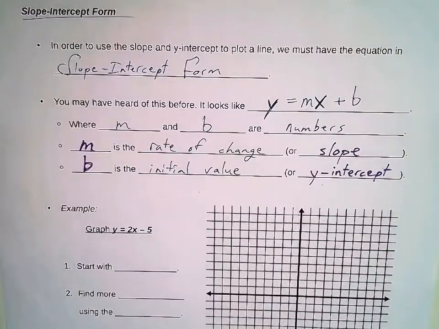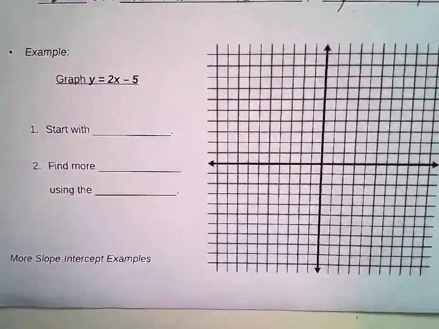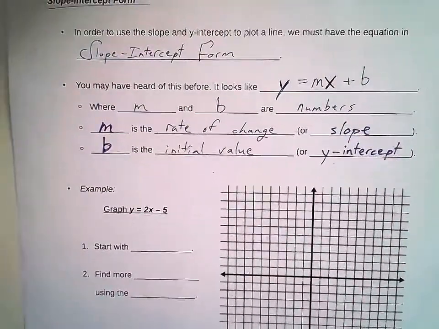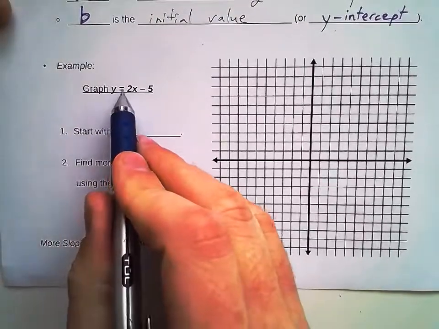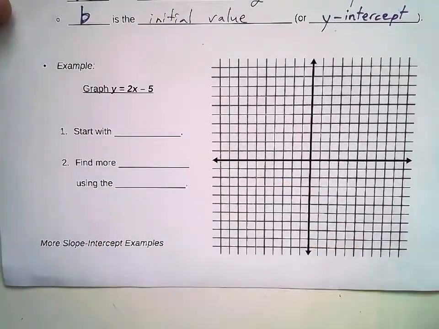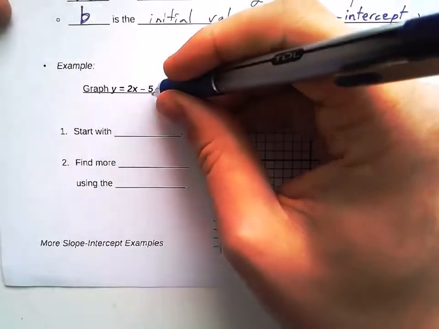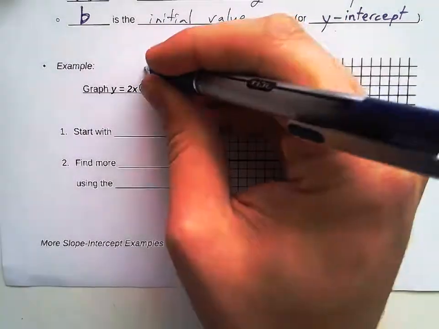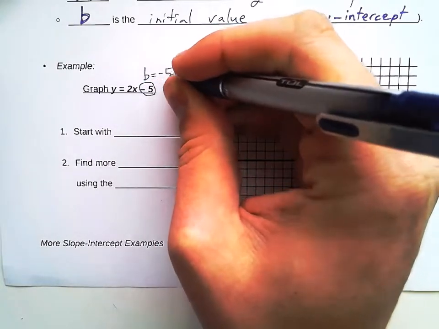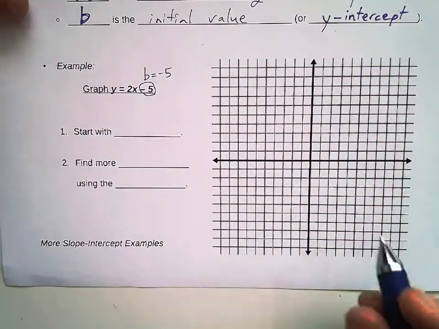So let's do an example really quick here. Make sure you get all that down. Y equals 2x minus 5. We'll start with this, minus 5. b equals negative 5. So the y-intercept is negative 5.